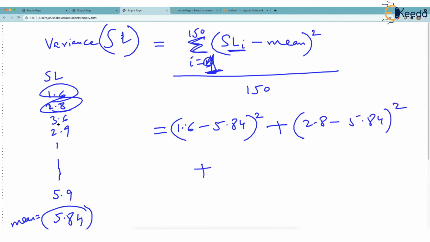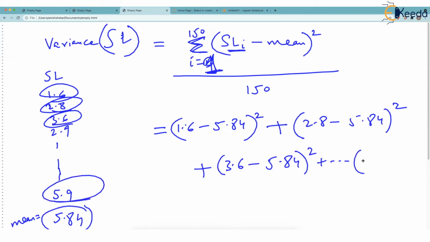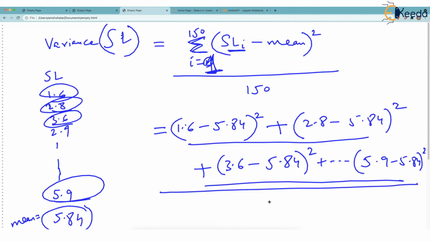Add it to the third SL, that is 3.6 minus mean 5.84, the whole square. Keep doing this till you take the last SL, that is 5.9 minus the mean 5.84, the whole square, and this will be some value. This entire value is divided by 150. This will give you the variance.